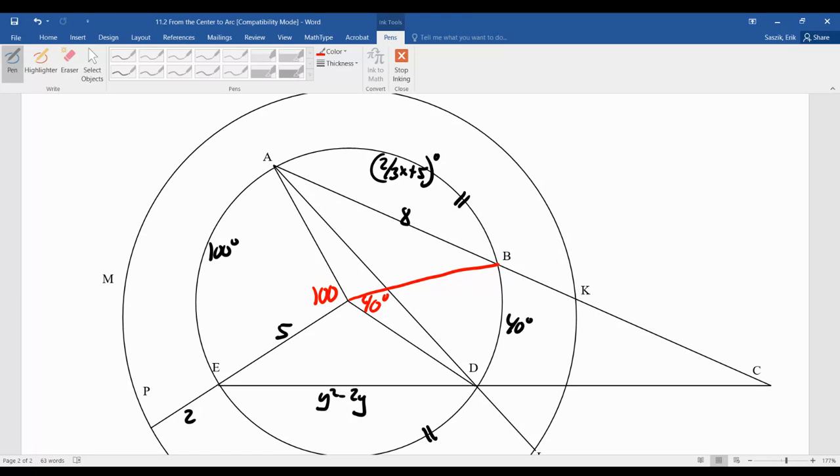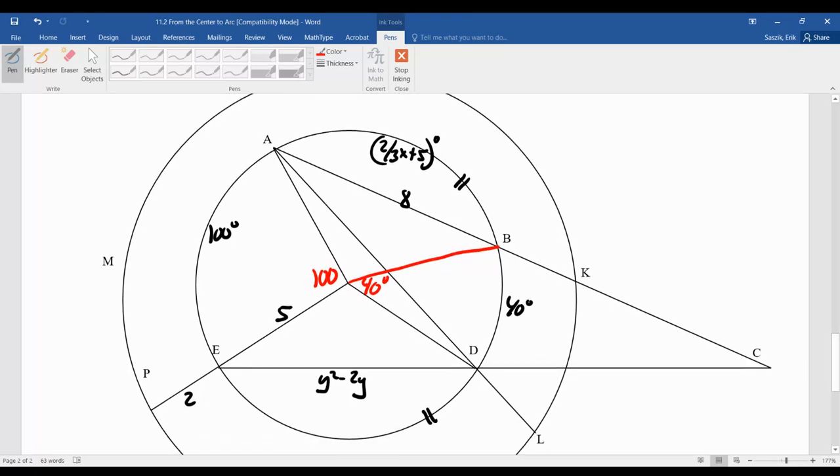Now, remember, we were given that this arc here, where the 2 tick marks are, is congruent to this arc down there. So that means their corresponding central angles are congruent. I can find that out pretty easily by taking this 140 and subtracting from 360.